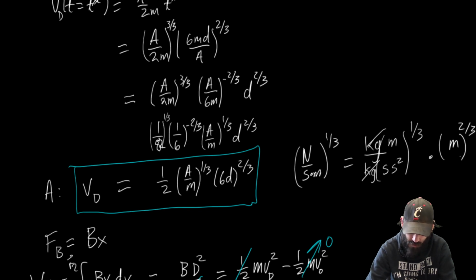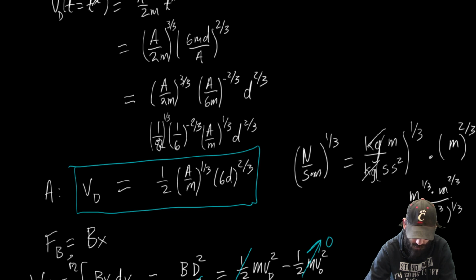And then we have meters to the 1/3 times meters to the 2/3 divided by seconds cubed to the 1/3. Okay, which gives us units of meters per second. So this should be correct.